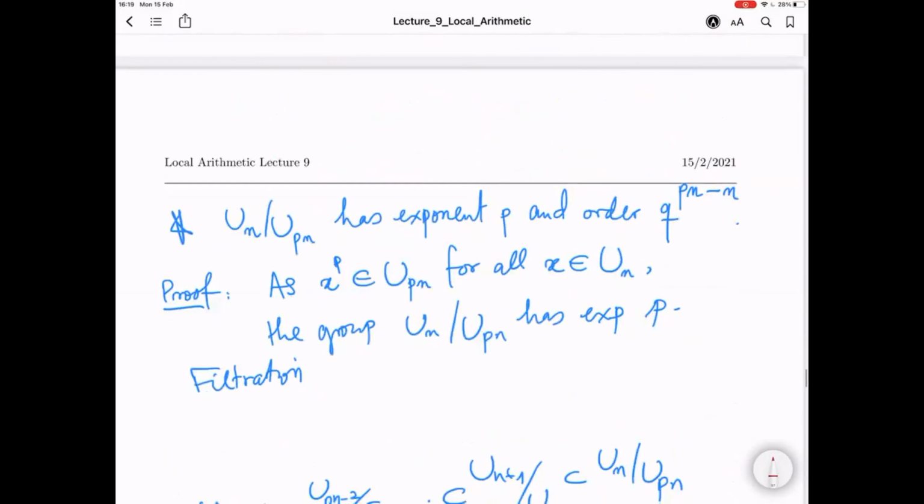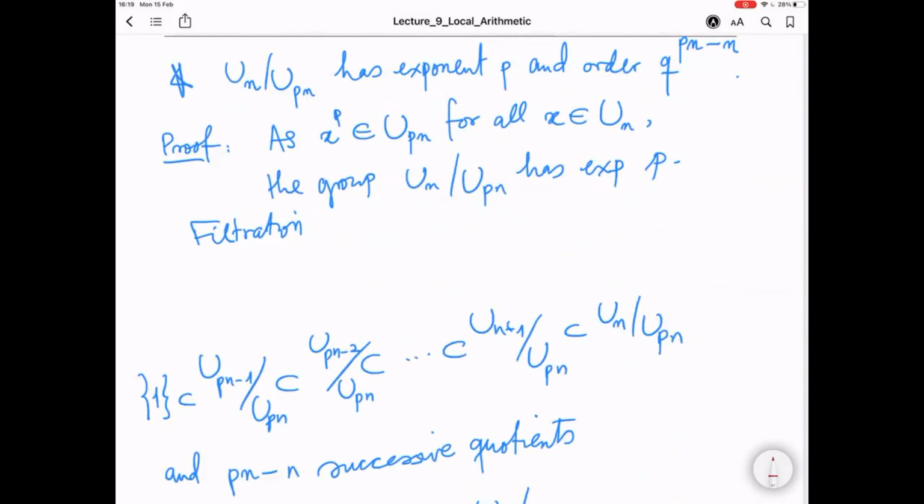Now I claim that un modulo upn has exponent p and order q to the pn minus n. Why is that? Whenever I have an x in un, x to the p is in upn. That's what I've proved.